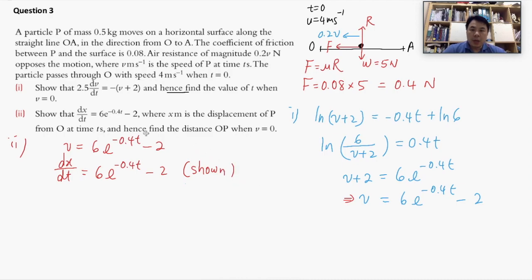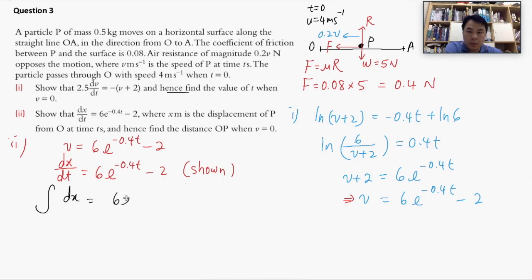Okay, and hence we need to find the distance OP when v is equal to 0. Right. Now to do that, we need to solve this differential equation. Now this one is rather more direct.